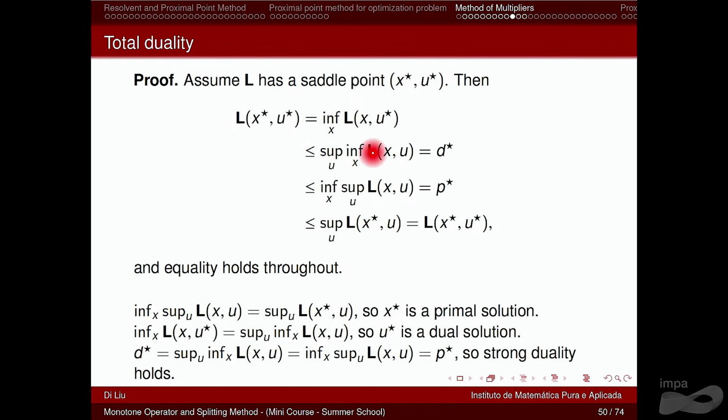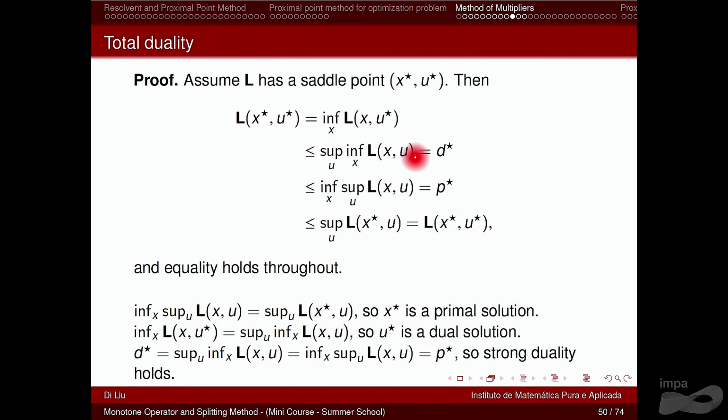This sup should be greater than this part. Actually, we regard this as a new function with respect to u. So if we take the sup for this function in u, we have this sup in u of L is greater than this original one.